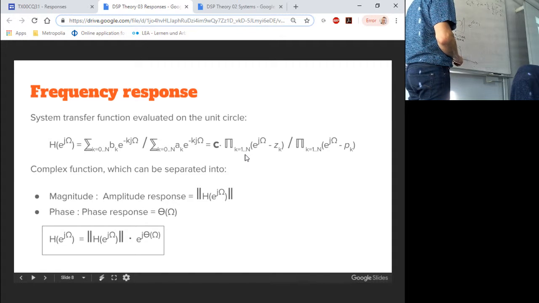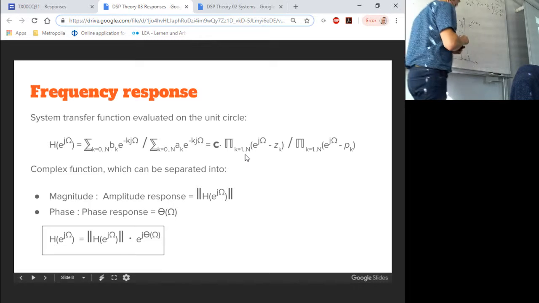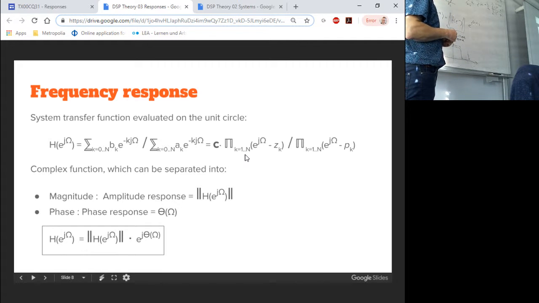Unity gain on the pass band guarantees that. And then on the stop band, you want as much attenuation as possible, so this would attenuate only unwanted high frequency components.